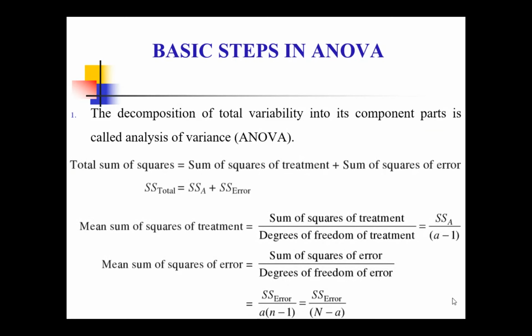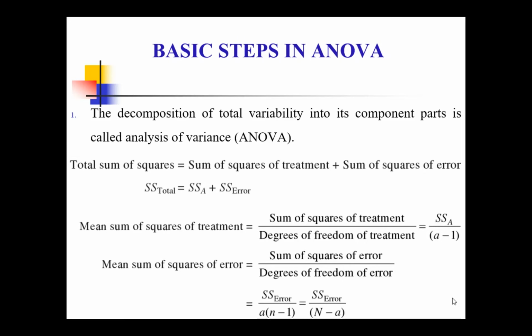The total sum of squares is equal to the sum of squares of treatment plus the sum of squares of error. The sum of squares is represented by SS, so SS total is equal to SS of A, where A is nothing but the input parameters. And error, there will always be an error, and that should also be included.